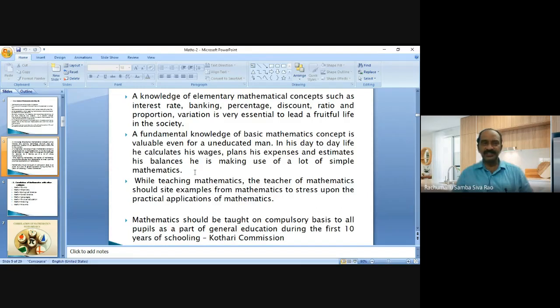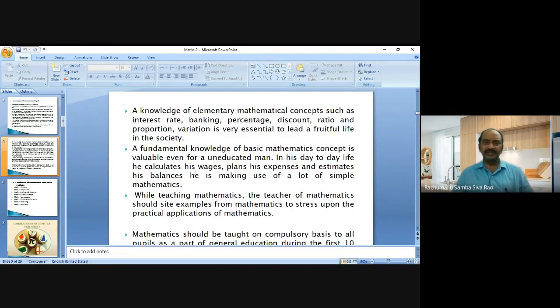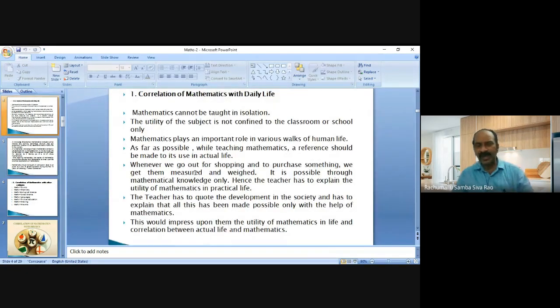So this is the correlation of mathematics with daily life. We may discuss a lot of examples, a lot of concepts and anecdotes related to correlation of mathematics with daily life.